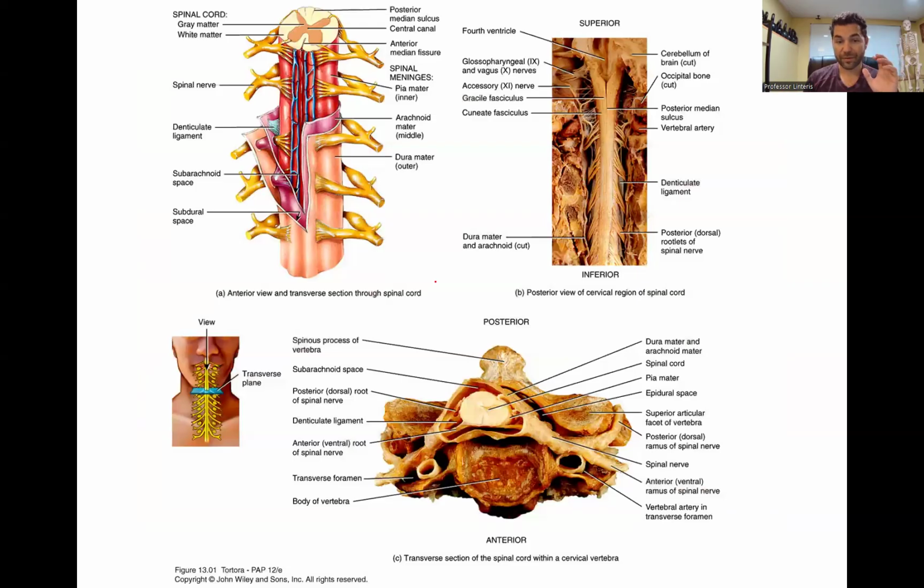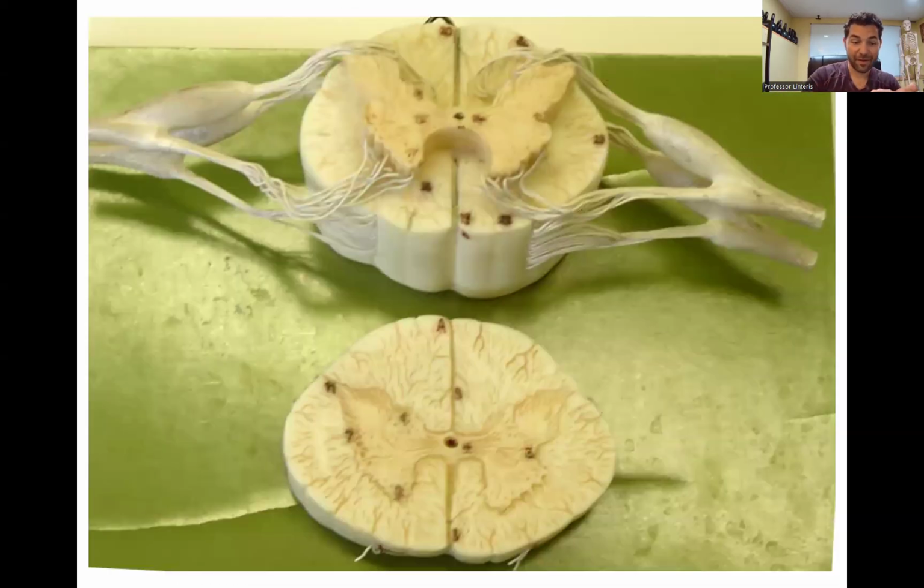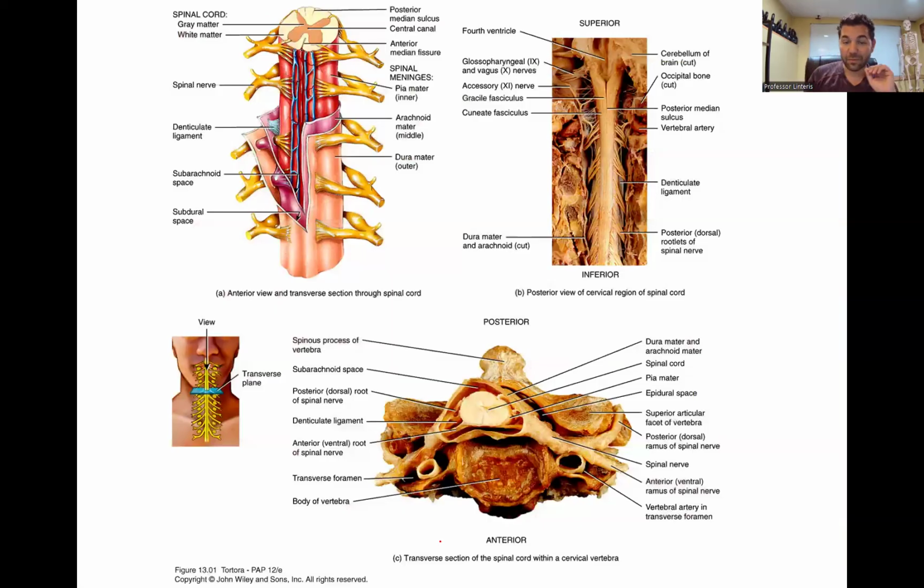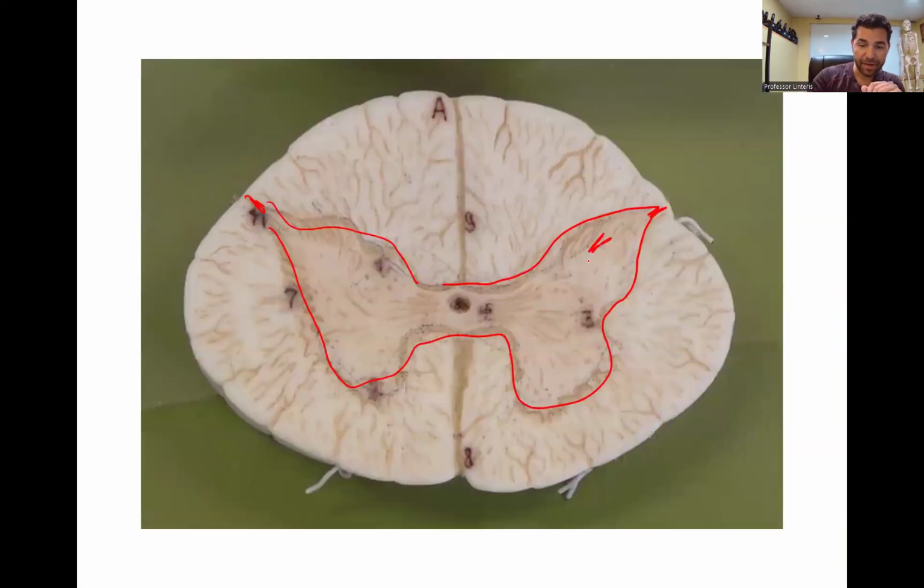So when we look at a picture like this, we could see those horns are pointing towards the back. We could see that there's a slightly larger gap in the front. And we'll come back to here, right?